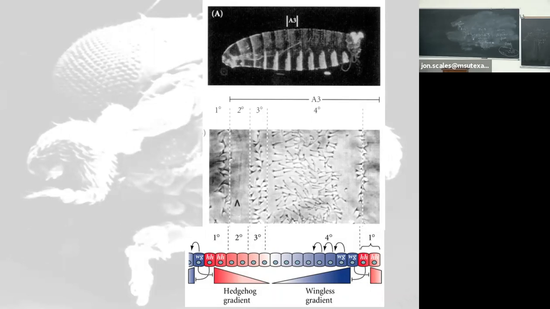Most people don't even try to distinguish between sonic and desert and Indian. They just call it hedgehog, just like in fruit flies. And we have the equivalent of patched, and the other gene, which is called smoothened, which is a co-receptor, and so on and so forth. So the hedgehog signaling pathway is conserved. The Wnt signaling pathway is conserved from fruit flies to you.